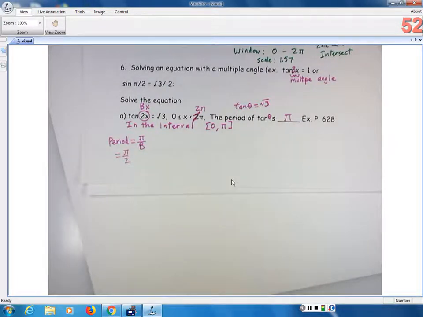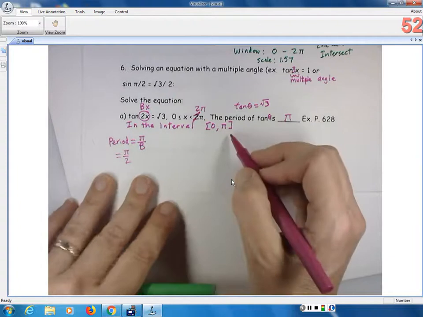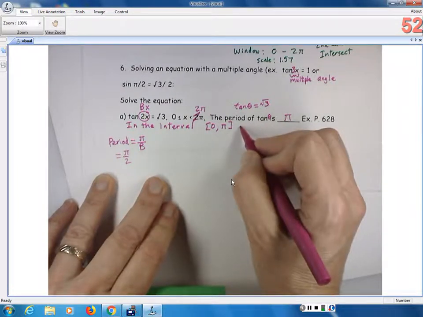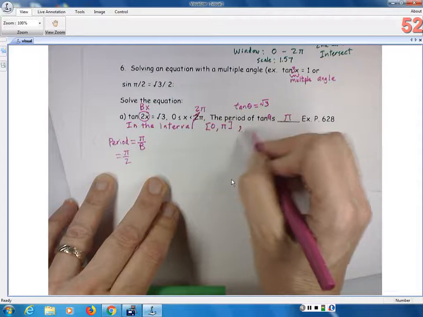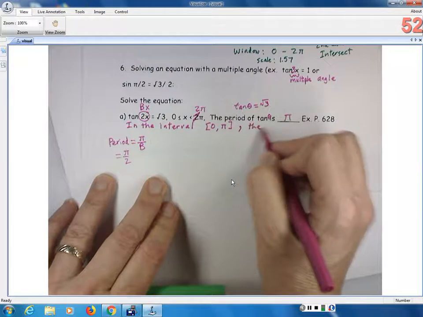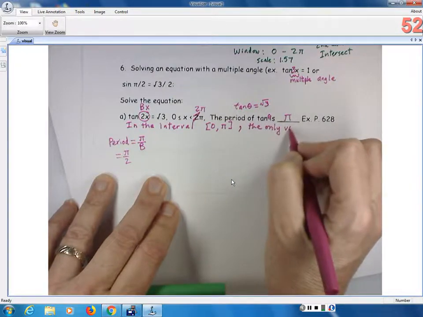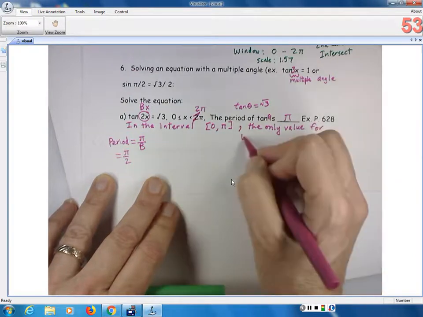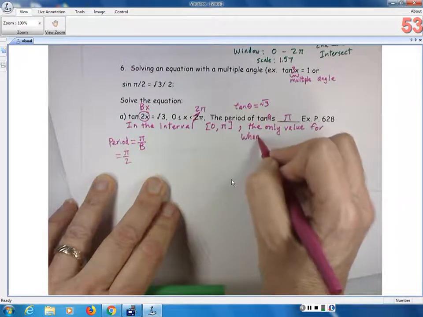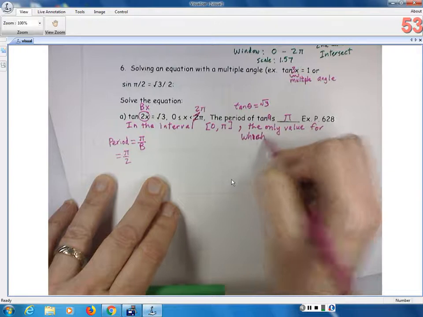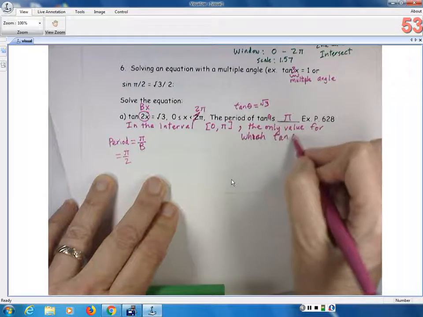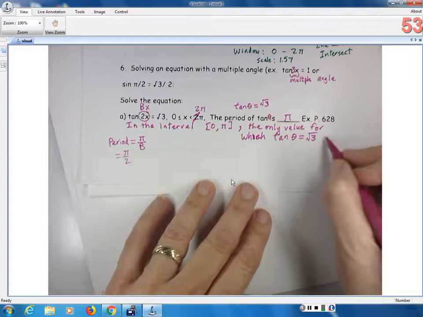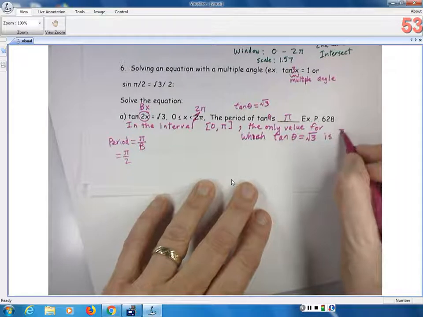So the only value in this interval for which tangent theta equals square root of 3 is pi over 3.